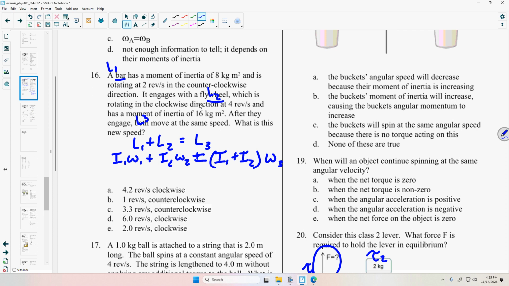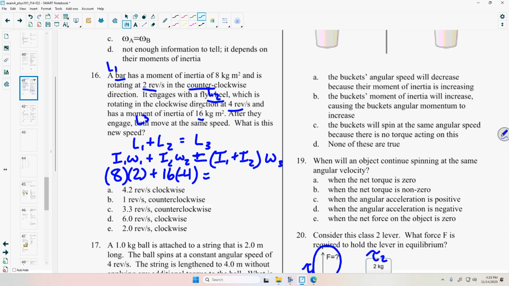So I have I1, which is 8, times omega 1, which is 2, plus I2, which is 16, times omega 2, which is 4. Let's be careful with our signs. Notice that this is counterclockwise, so the 2 is positive, and the 4 is clockwise, so it's negative.